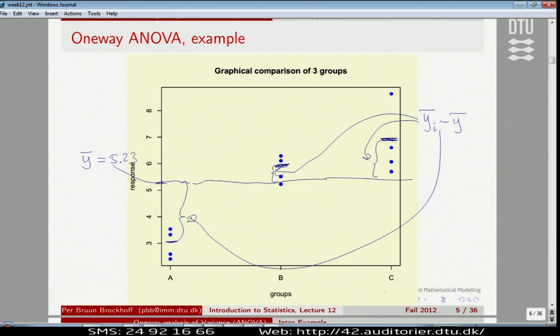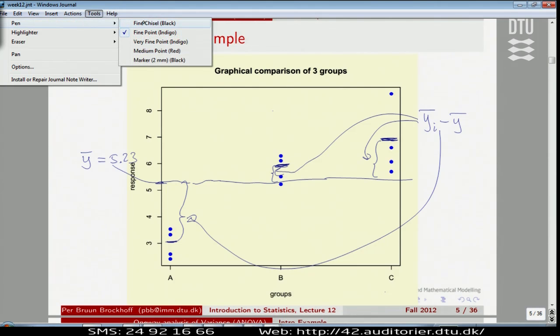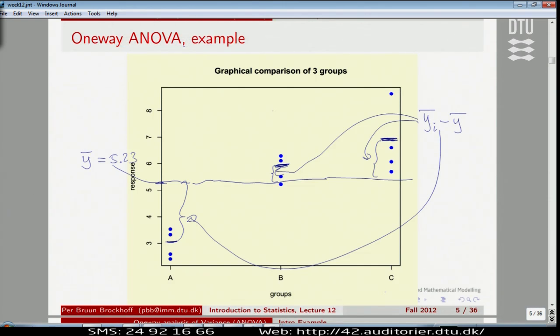If we look at the raw data again, if we look at the individual data, you could also see how much the data are varying within each group, right? Take each data point and see what is the difference between each data point and its own group mean, right?